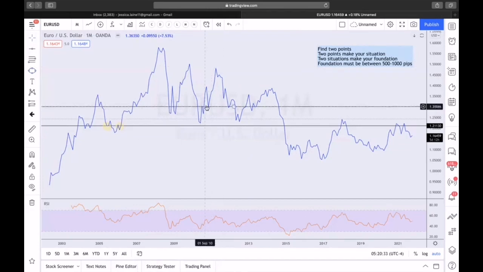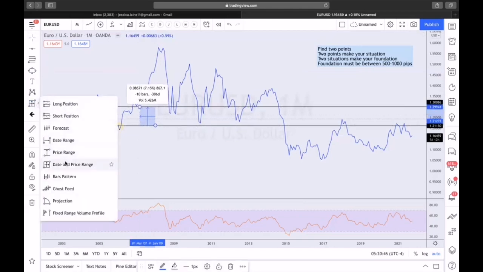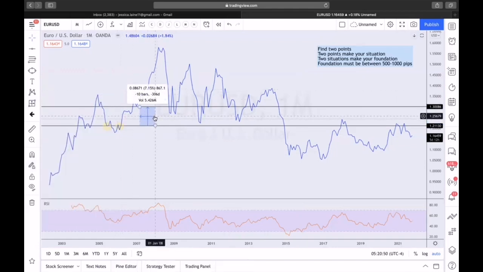Before I actually put the ellipse on these points, I need to measure the distance between here and here. I'm going to go to date and price range, which is on the left-hand side, right there. This date and price range is 867 pips. That's between 500 and 1,000, so it passes.